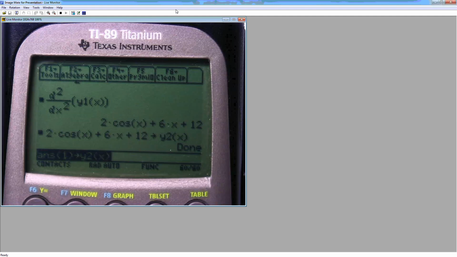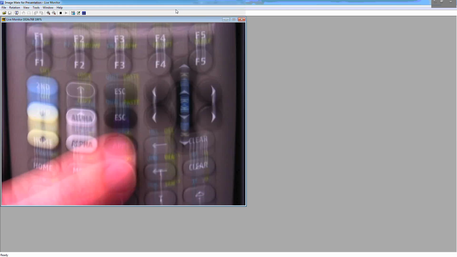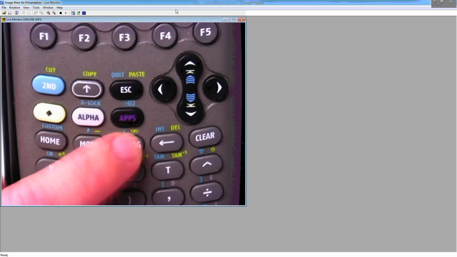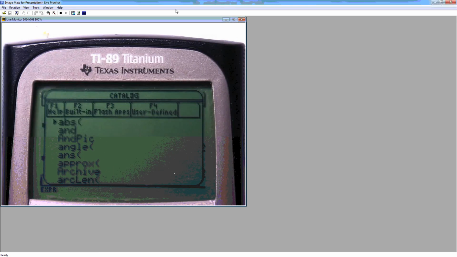And the way that you do combinations in a TI-89 is you hit the catalog button, which is right there. When I hit the catalog button, every single command in the calculator shows up. And this is n choose r, so we're going to look for NCR. So I hit the N button, and there it is.